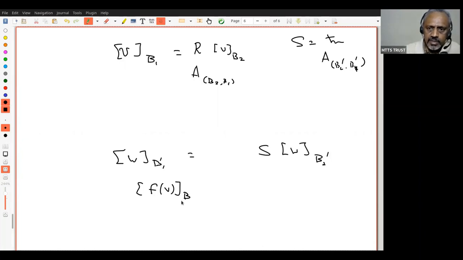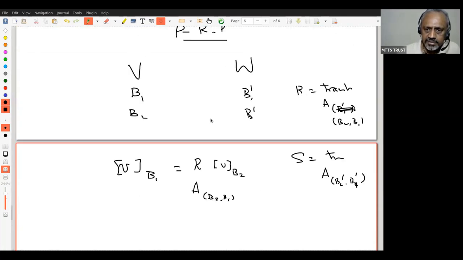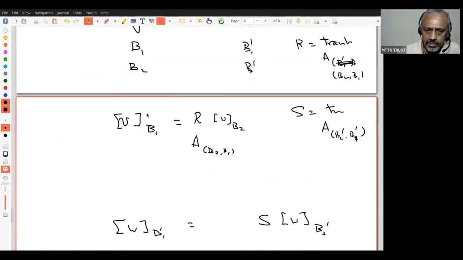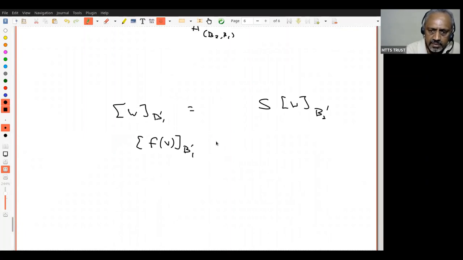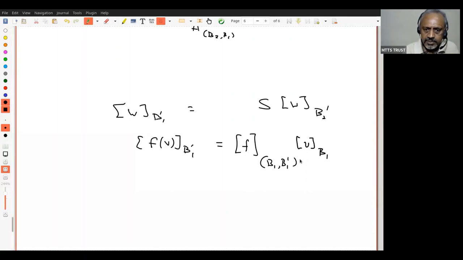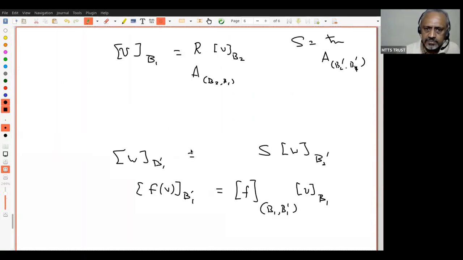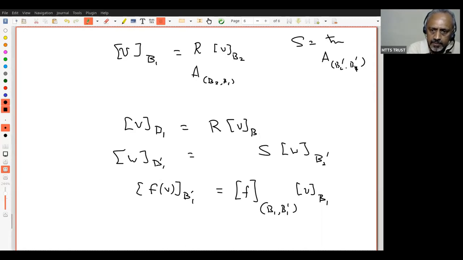Okay. Next, we have this f of v, which is in W. Therefore, it's B1 dash with respect to B1. So this we have seen is f of v with respect to B1 dash equals the matrix of f times v with respect to B1. Just to make sure you understand all these things, this is V of V1 equal to R of V V2.